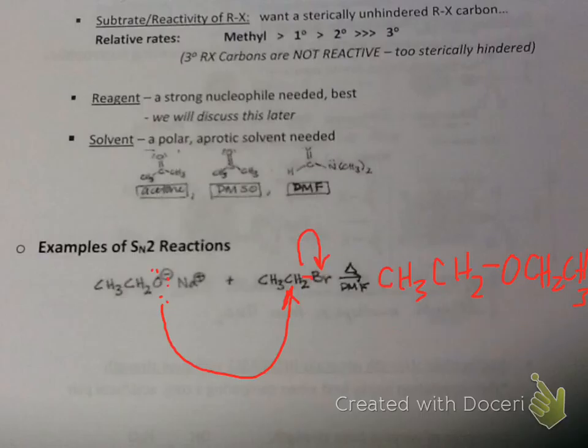The side product of the reaction, because bromide goes away, and sodium as a counterion, is the sodium bromide salt. But this is the organic product of the reaction. So that's a simple Sn2. What we're going to do in the rest of the chapter is look at some more examples and then the scopes of the reactions and things.